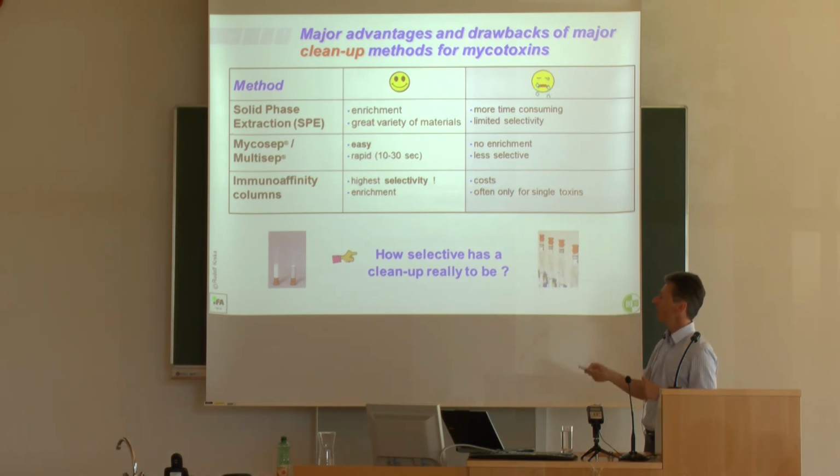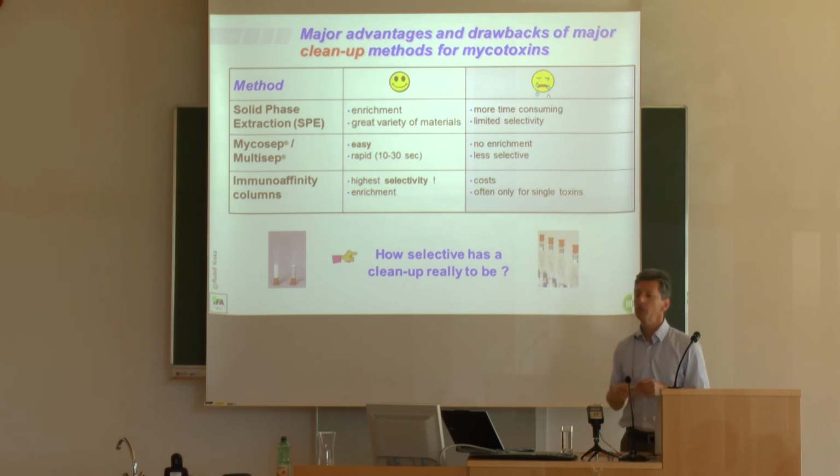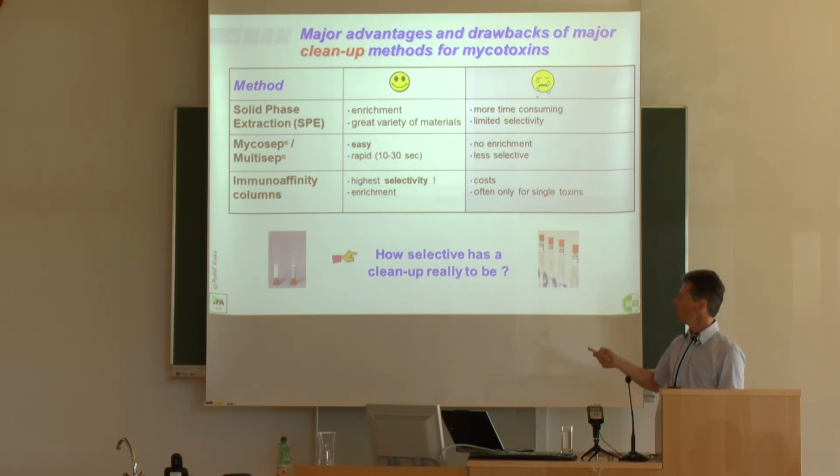MycoSep or also MultiSep columns are really the easiest on the market. I would say they are very rapid. However, no enrichment is achieved, especially with the MycoSep columns, and they are less selective, also compared to the immunoaffinity columns, which show the highest selectivity due to the specific antibody-antigen reaction.